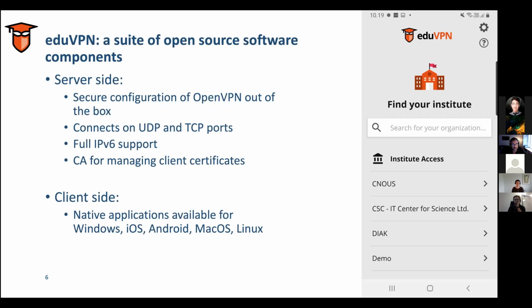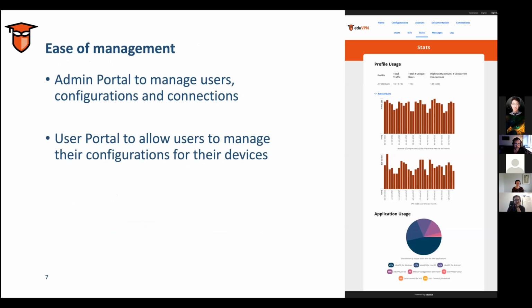We currently have a test setup with another protocol than OpenVPN, WireGuard, but it's still in a test mode. And on the client side, we have native apps for most operating systems, and we're changing these apps. But basically, we want to have something that's very easy to manage and use both as an admin and as an end user.